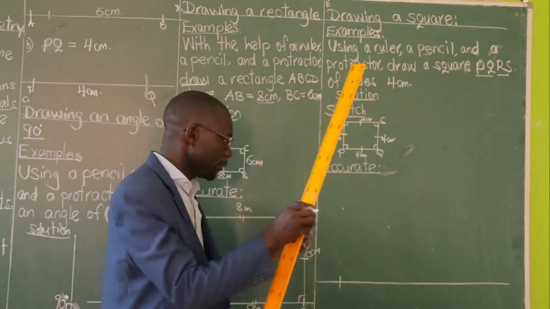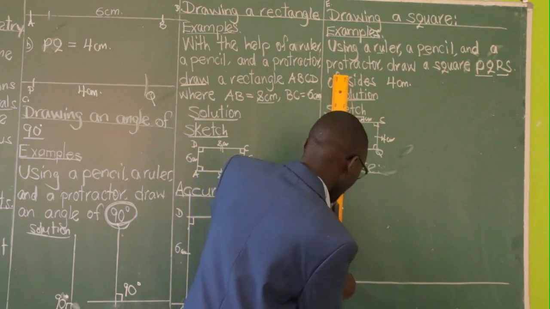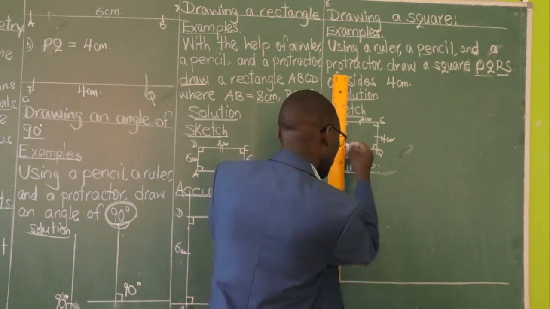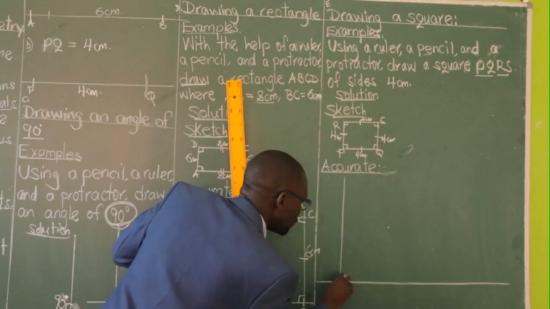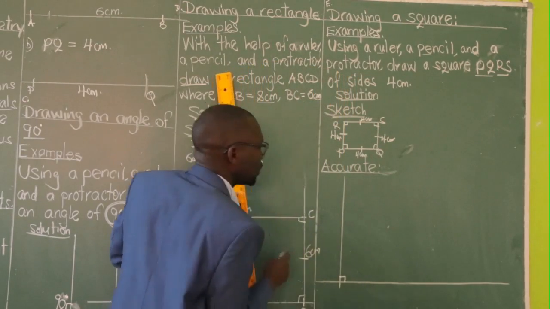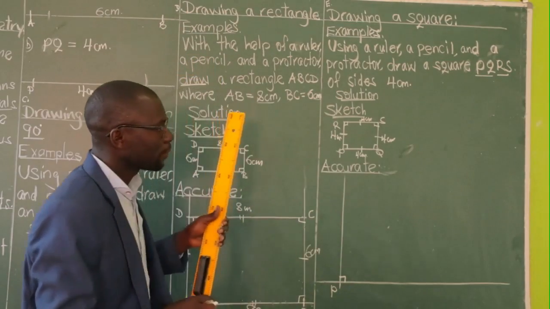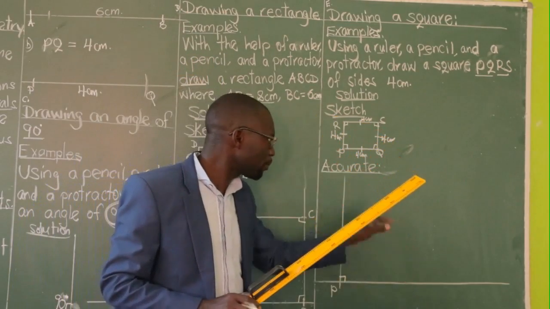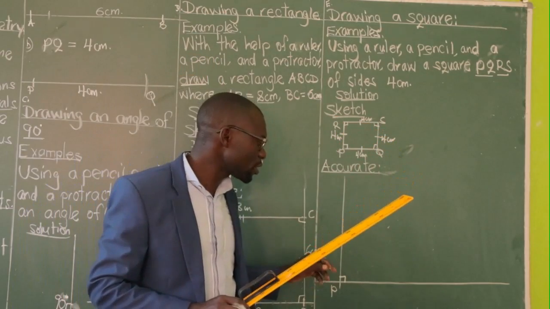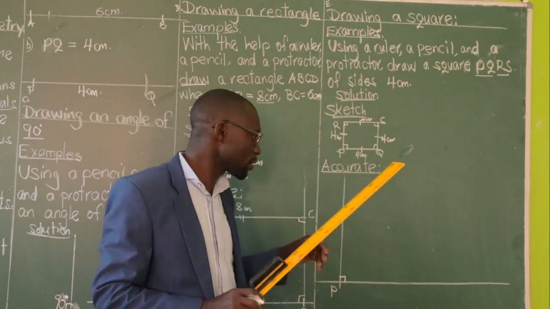We get our ruler and then we come and draw the angle of 90. And we have to show that point. So that is point P. Now, we have to look at PQ. PQ is supposed to be 4 centimeters.